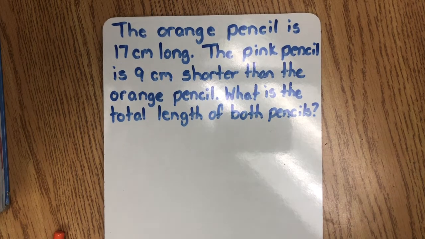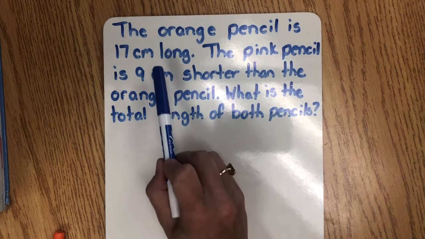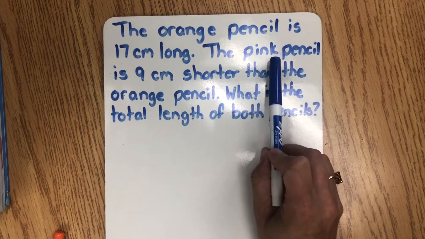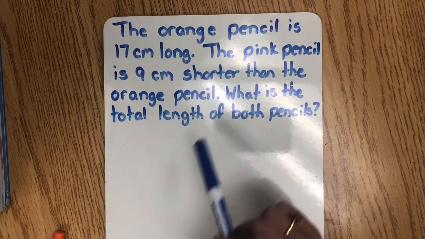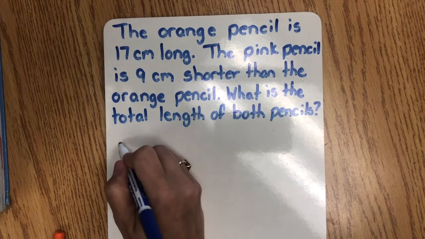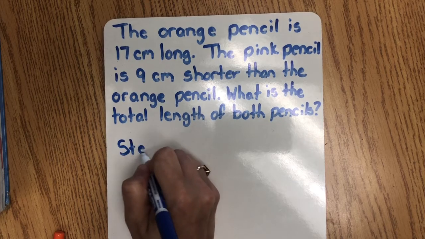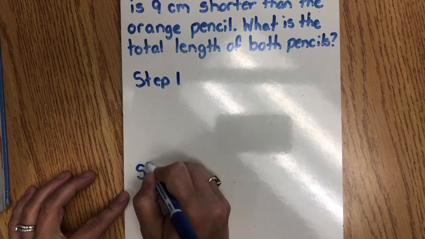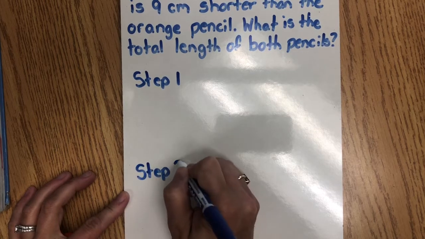This problem feels very similar to the problem that we just did. I know that it's going to be a two-step problem because we know that the orange pencil is 17 centimeters and we know that the pink pencil is 9 centimeters shorter than that, but they didn't tell us outright the length of the pink pencil. So I'm going to write step 1 and step 2, and I would like for you to write step 1 and step 2 on your board.